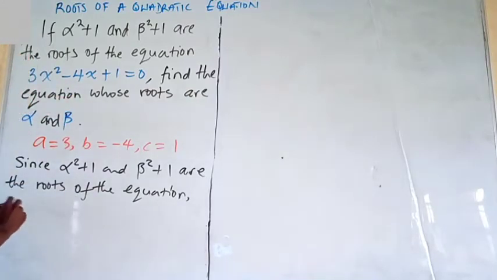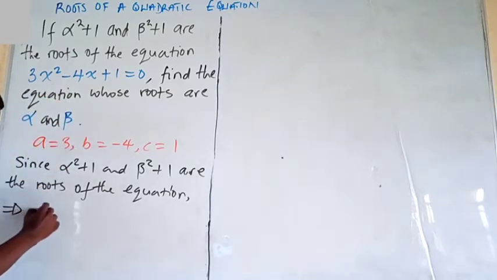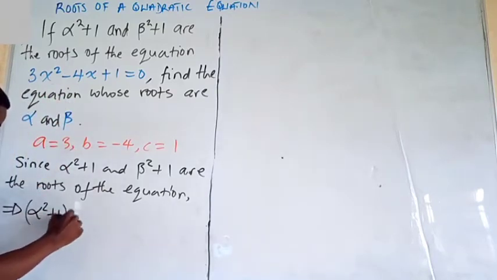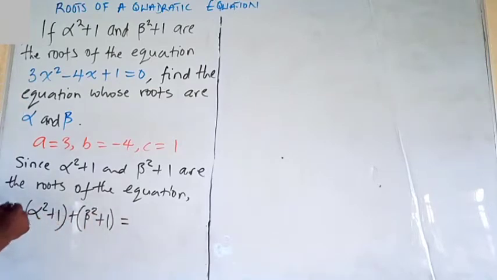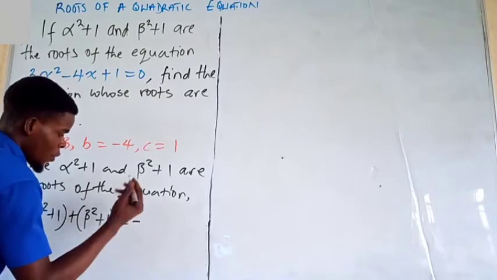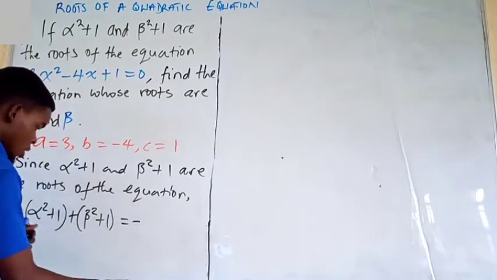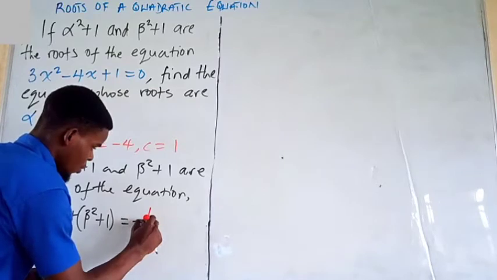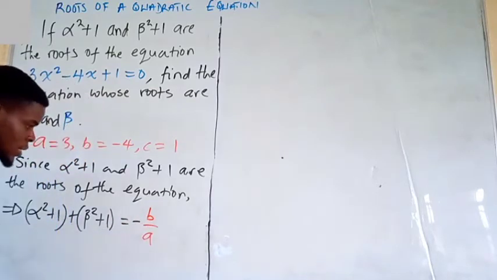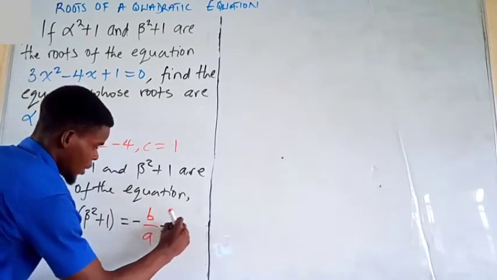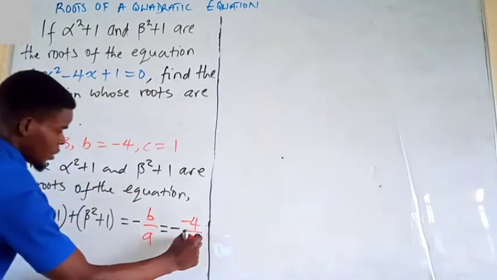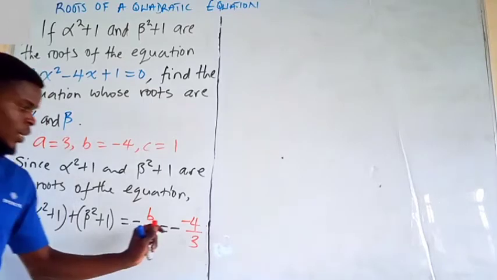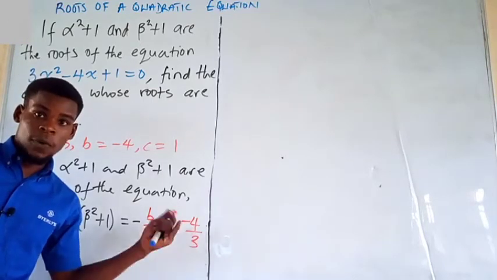It implies that the sum of the roots, that is alpha squared plus 1 plus beta squared plus 1, will give us negative b over a. Negative of b is just negative 4, a is just 3, so that will become negative of negative 4 over 3. That's just 4 over 3.